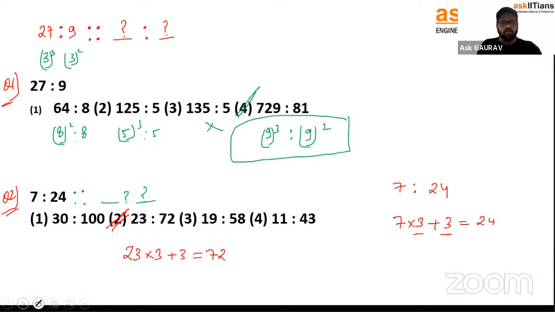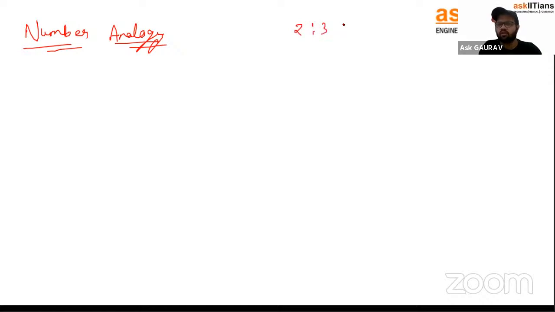Yes. So now see, in number analogy, patterns can be anything. Like, whether two prime numbers are given, right? Like say 2:3. Then 5 is to what? Tell me. It totally depends on the question, right?